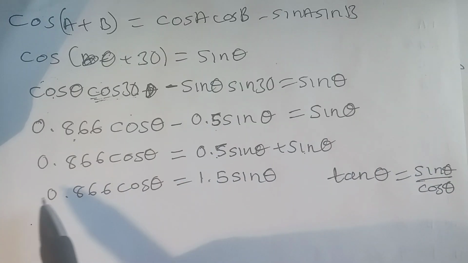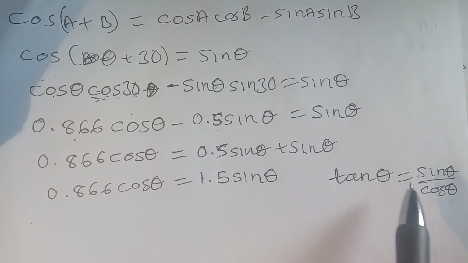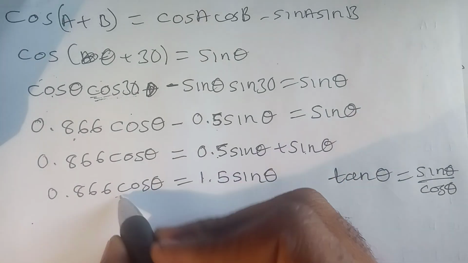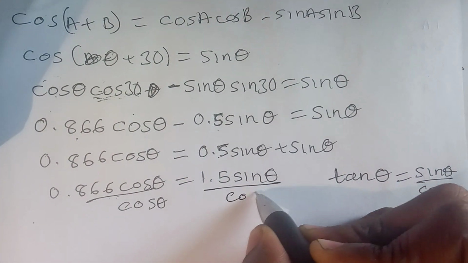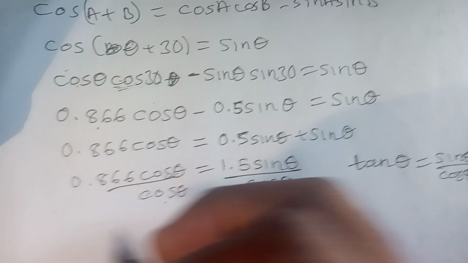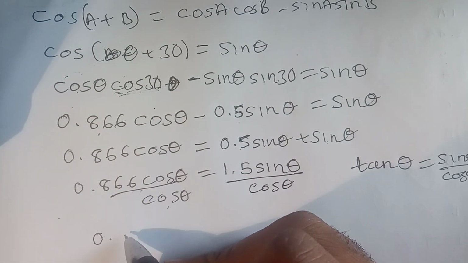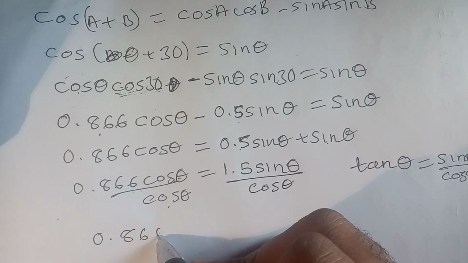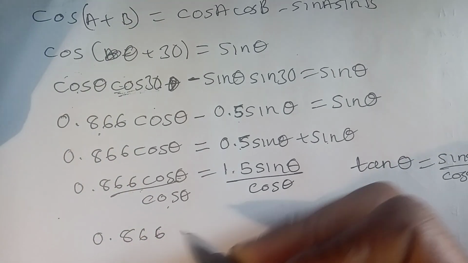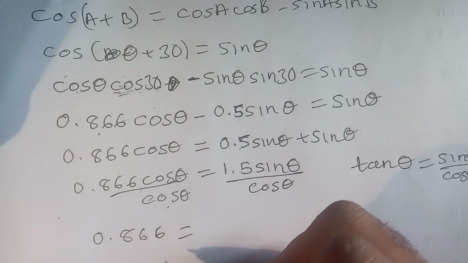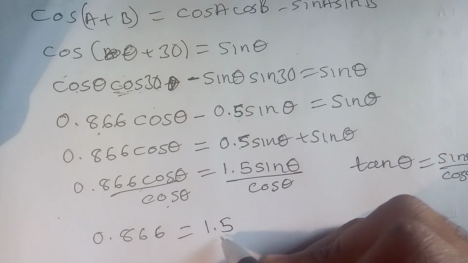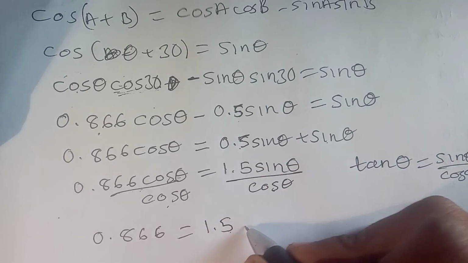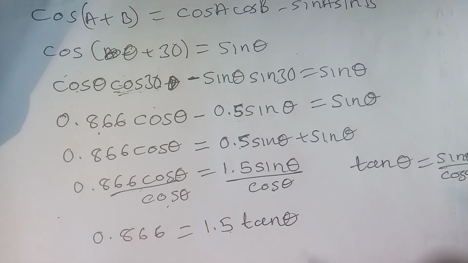So to get this from this, you can simply divide both sides by cos. Once I divide both sides by cos, then this cos will go. Then we shall remain with 0.866 on our left hand side. This side we have 1.5 tan theta.